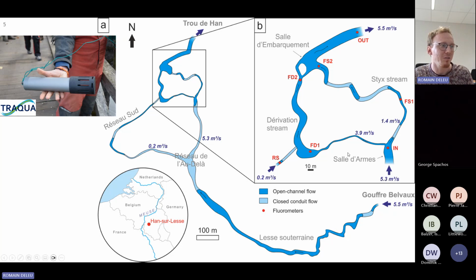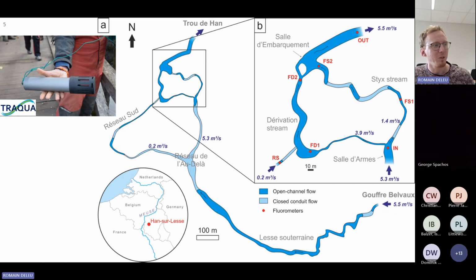So this is very interesting for us because this is exactly what we want to study. Of course, we did some tracer tests, we placed some fluorometers, and you can see that the river merges back together and goes out of the cave with again 5.5 cubic meters per second on the top of the figure here.